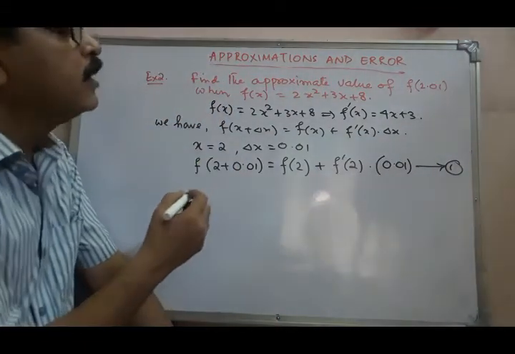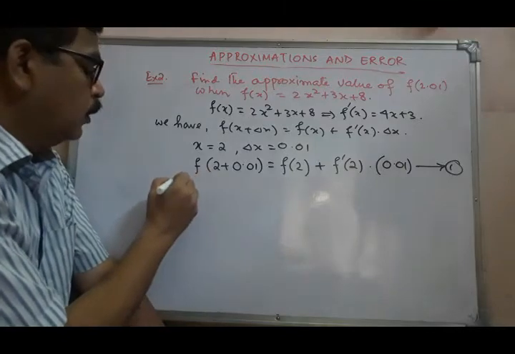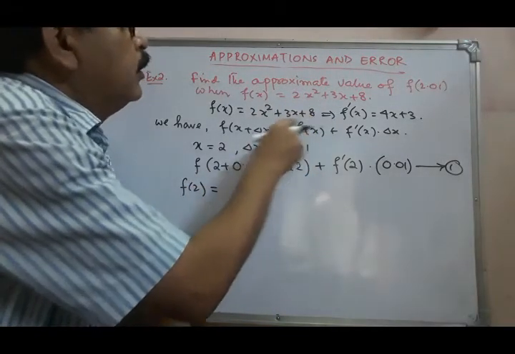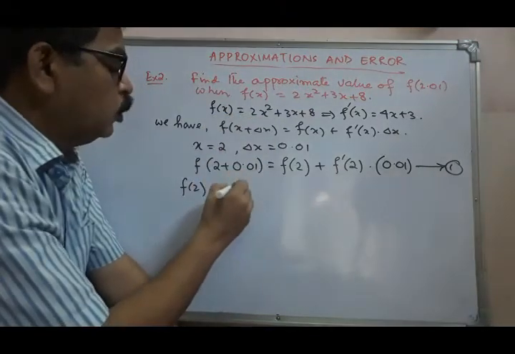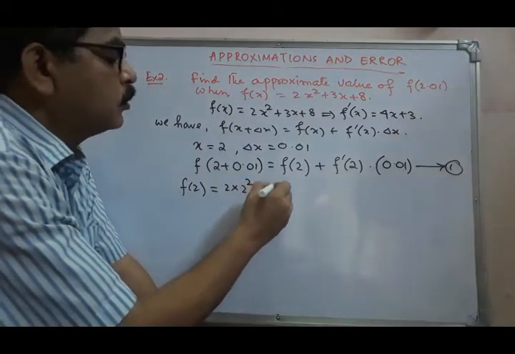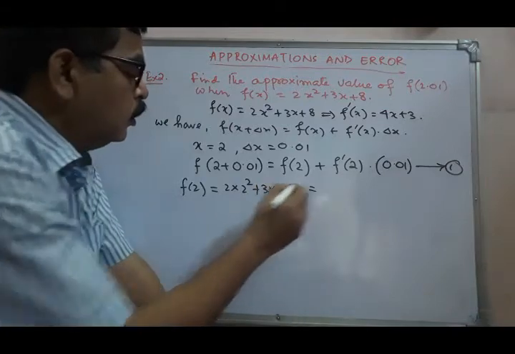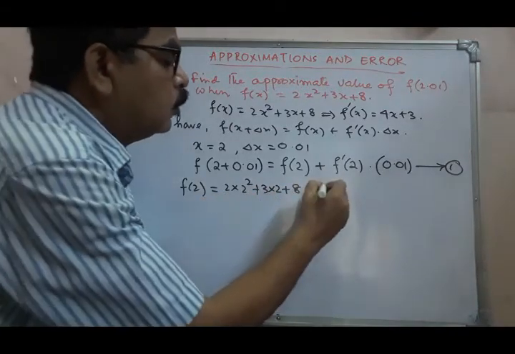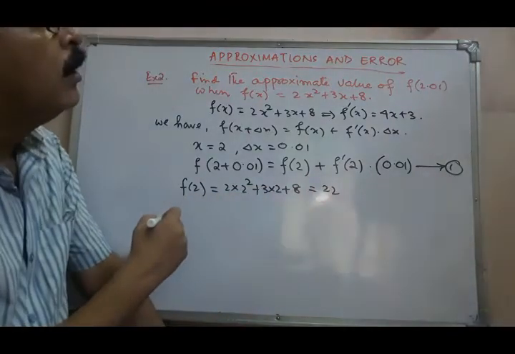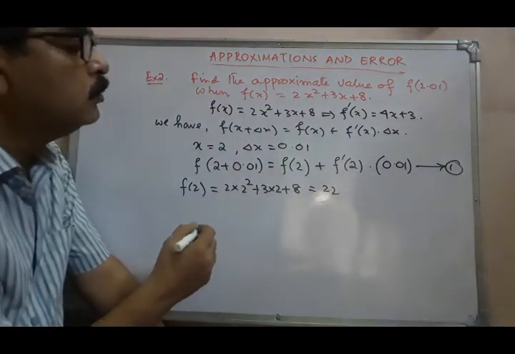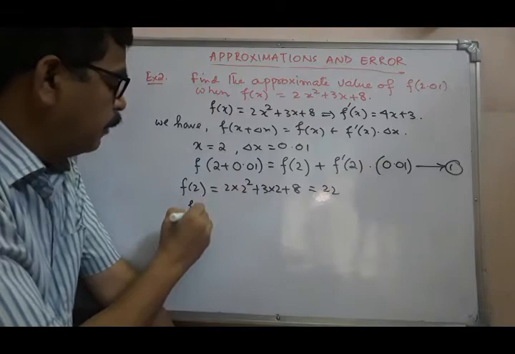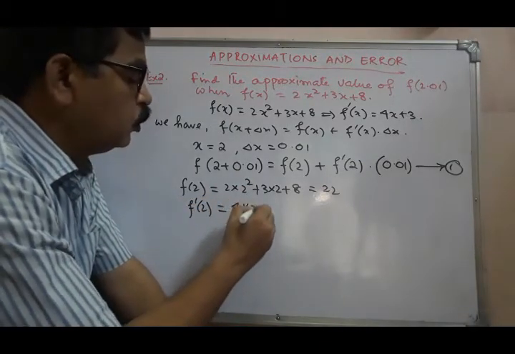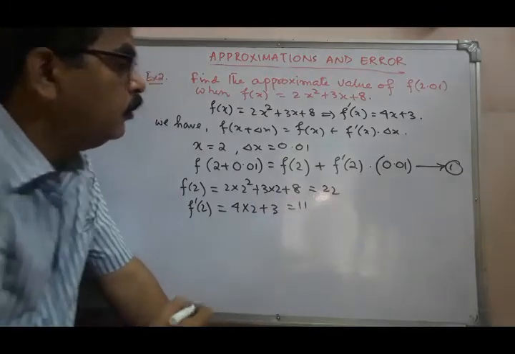So now first calculate f 2. f 2 equal to 2 into 2 square plus 3 into 2 plus 8, which is 4 times 2 is 8, 14, 22. So now replace the value, and f dash 2 equal to 4 into 2 plus 3, therefore 11.